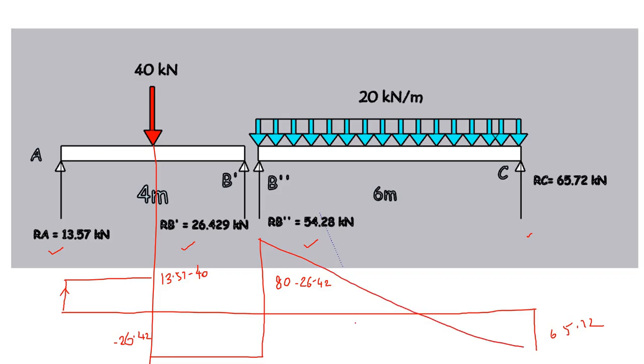Then you join this. So this is 80 minus 26.42, which is nothing but 54.28. It will be shown in the next figure.